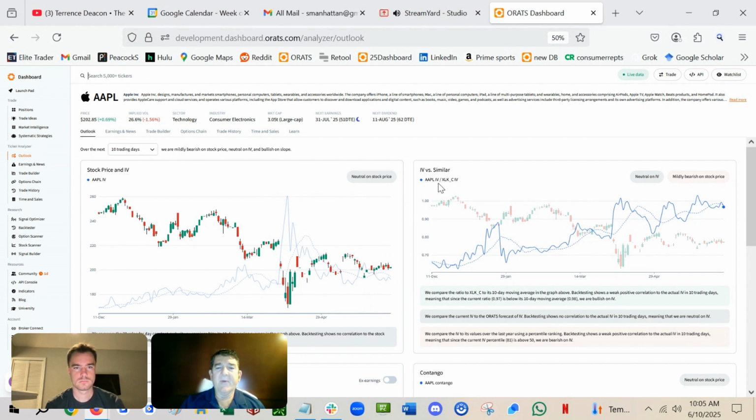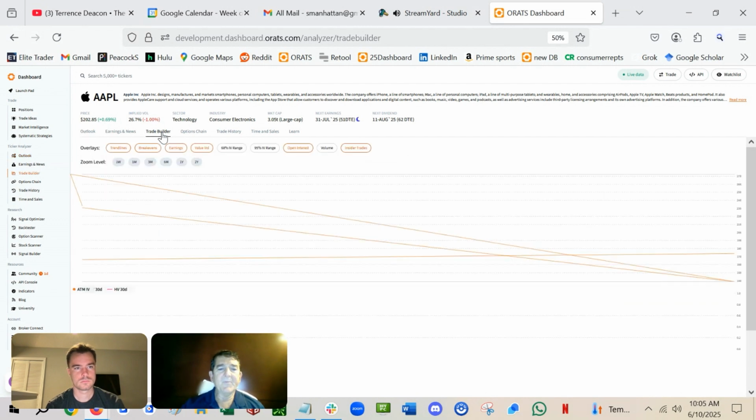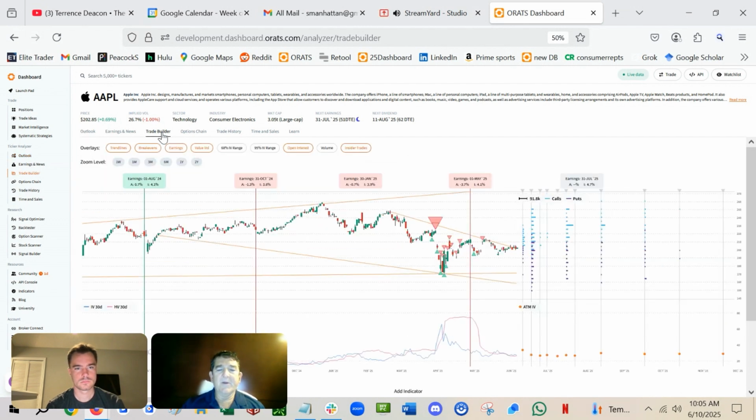This is the Apple implied volatility versus the XLK components. So Apple is high in that component relationship now versus history. So that's one of the things that we'll consider. And we look at historical volatility. That's this kind of magenta line. And we take ex-earnings out.